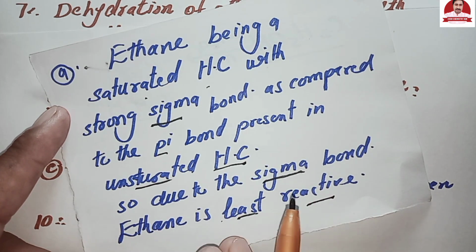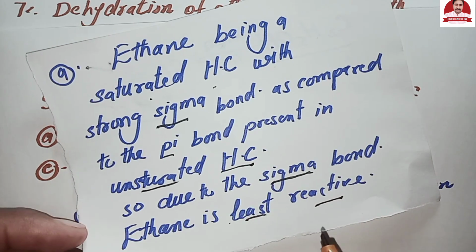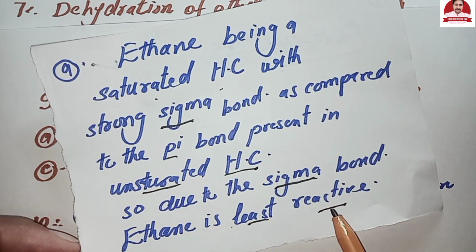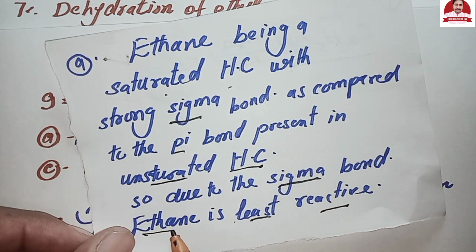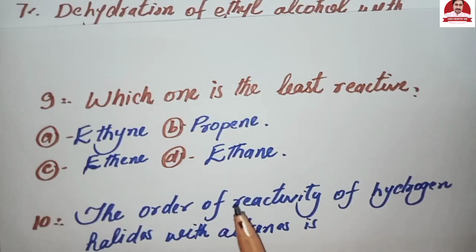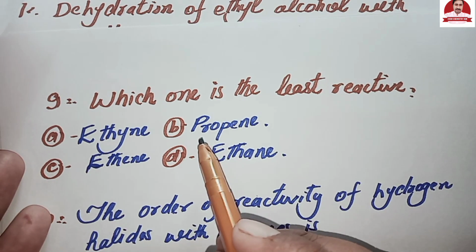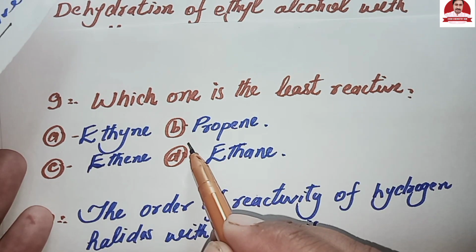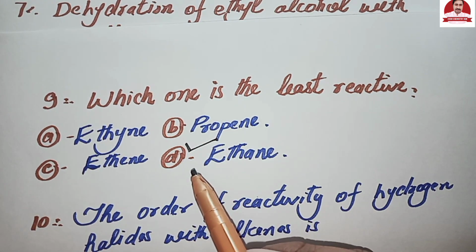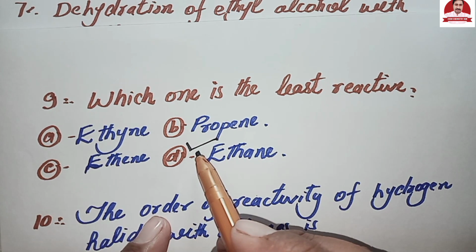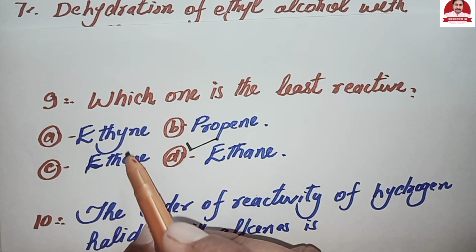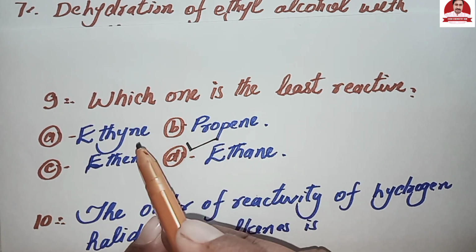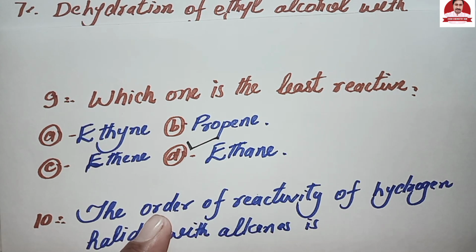The stronger the bond, the less reactive the molecule or compound. So ethane is the least reactive due to the presence of strong sigma bonds as compared to these three. In these three, a weaker pi bond is present.